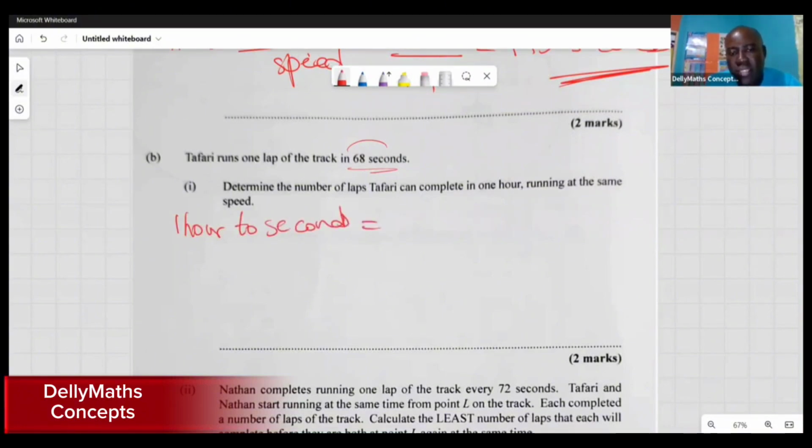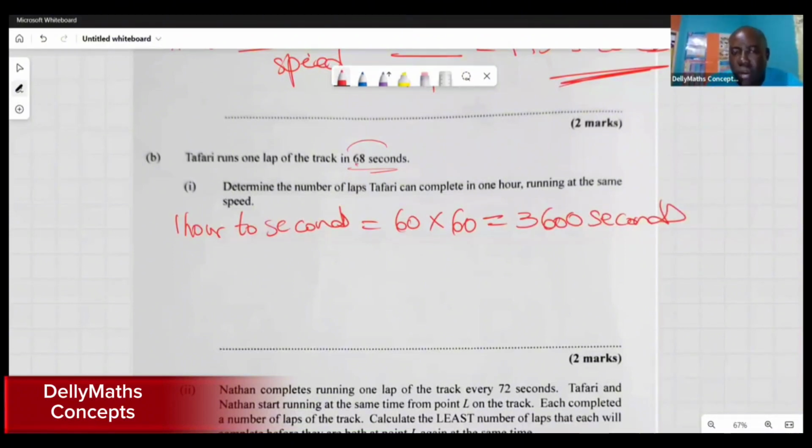So 1 hour is 60 minutes, and 60 seconds make 1 minute. 60 times 60 is 3,600 seconds. In 1 hour, you will have 3,600 seconds.